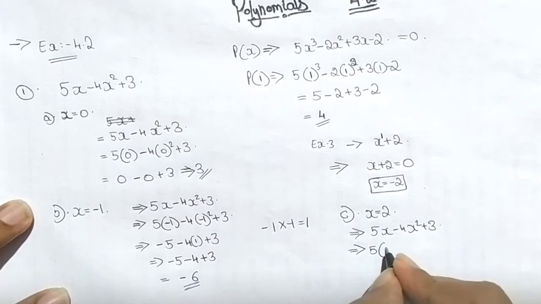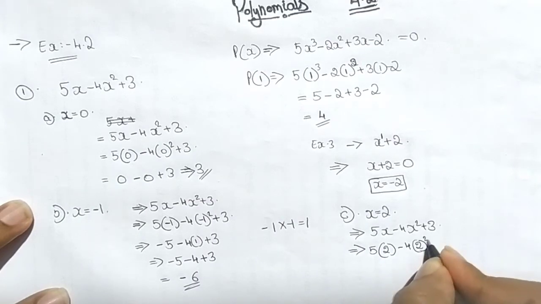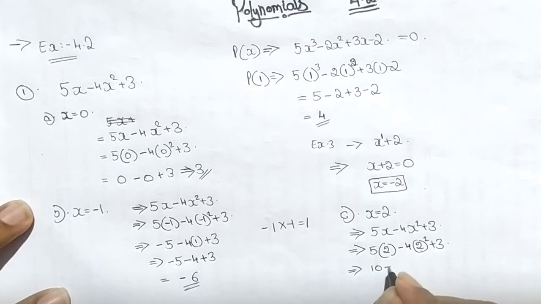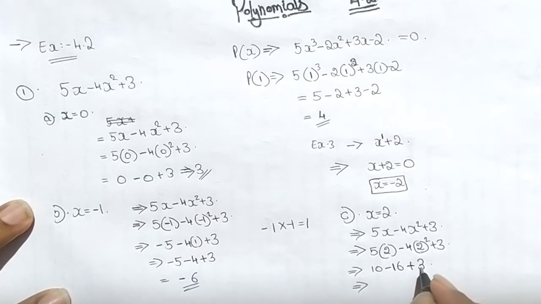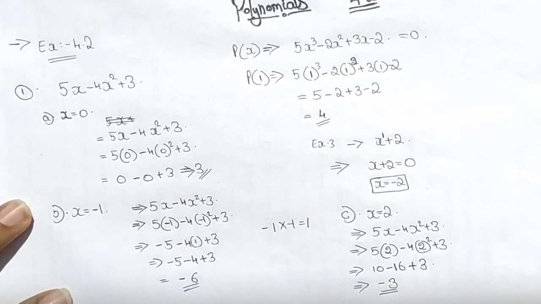In the same way you can solve, that will be easy for you. 5 2s are 10. 2 square is 4 and 4 4s are 16, plus 3. See, 10 plus 3 is 13, minus 16 is minus 3. You know, the answer is minus 3.